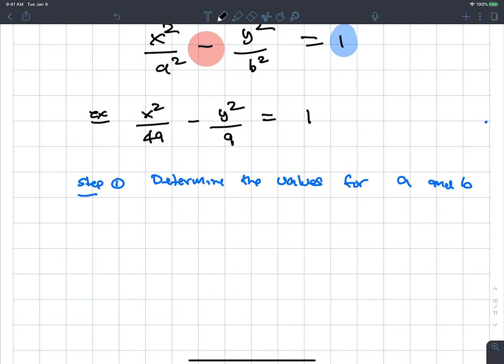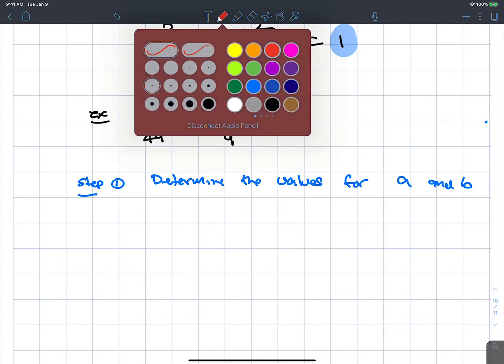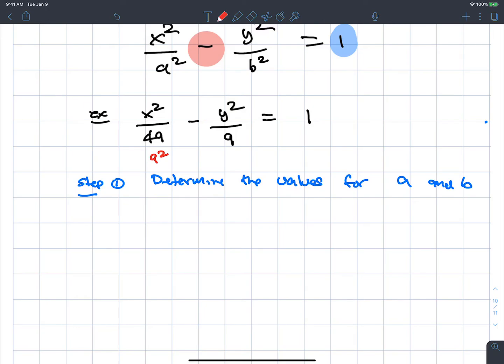So there we go. Okay. So A squared, and we have B squared. A squared is 49, and my B squared is 9.